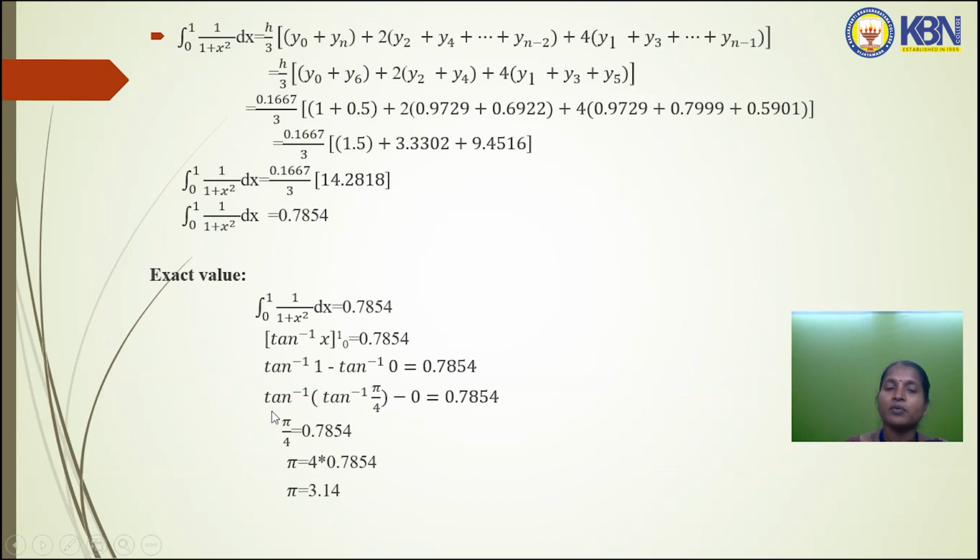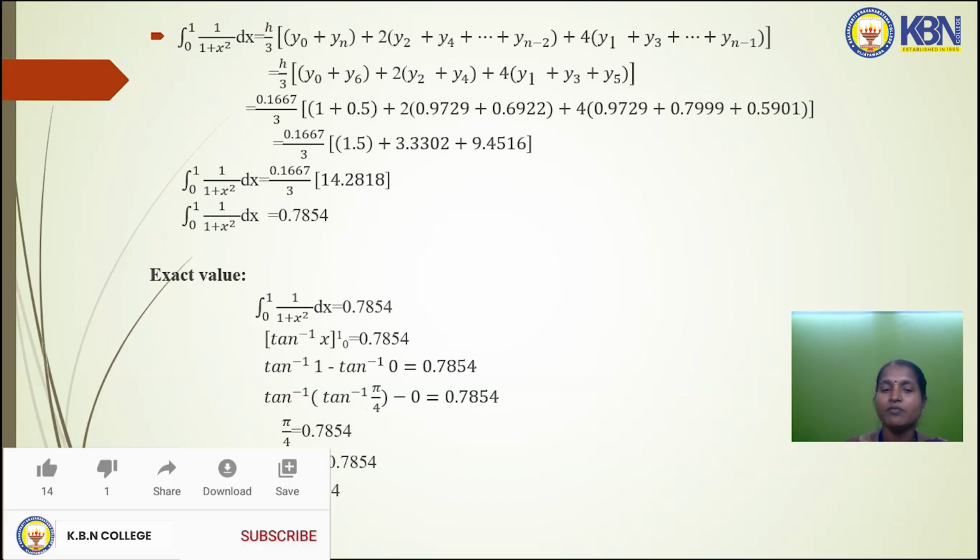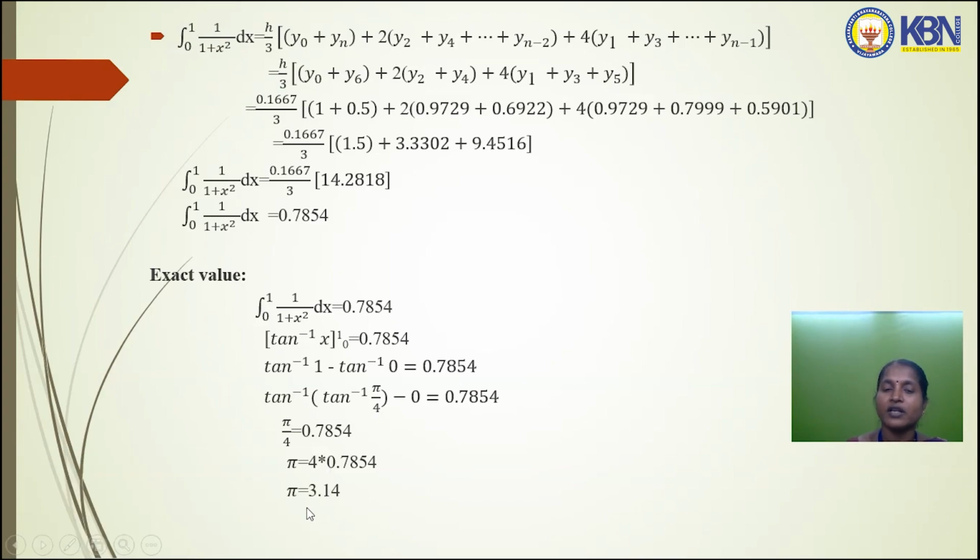Again you can apply the same formula: tan inverse of tan pi by 4, tan 45 is pi by 4, minus 0, is pi by 4 is equal to 0.7854. Pi value becomes 0.7854 into 4. That is, the pi value we are getting is 3.14.